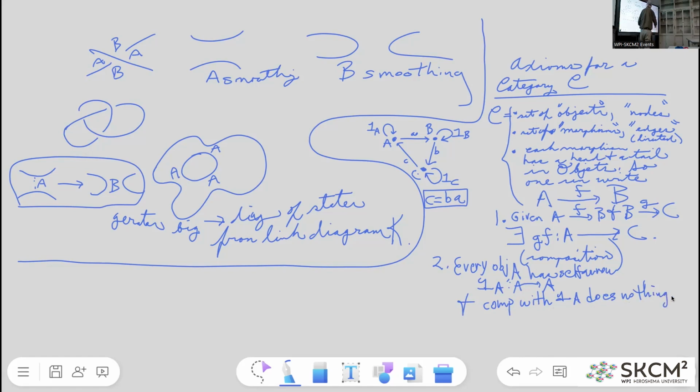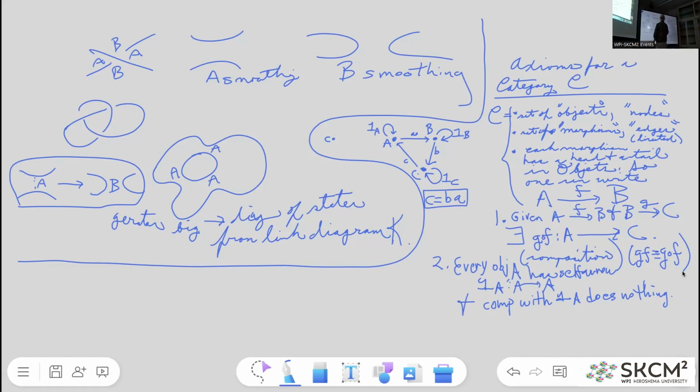So in other words, sometimes I will write G composed with F, sometimes I will just write GF, but G composed with F could be our definition of that operation.